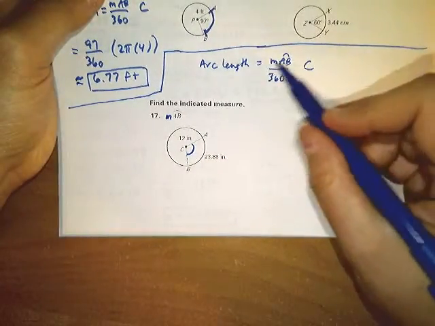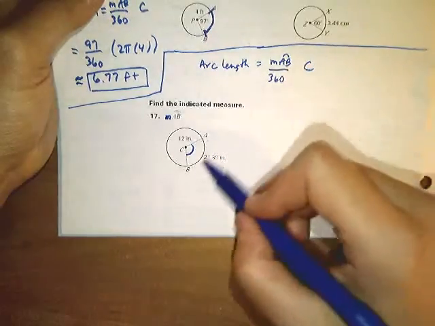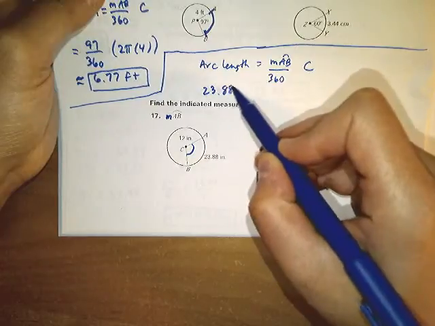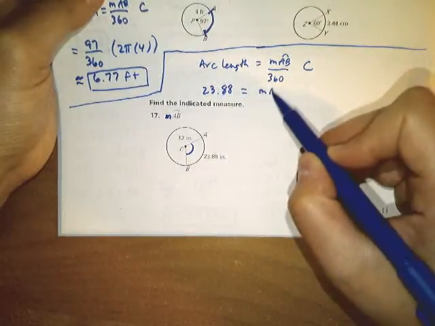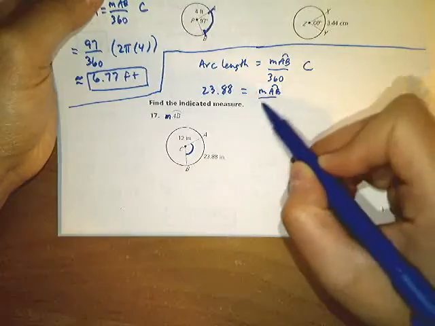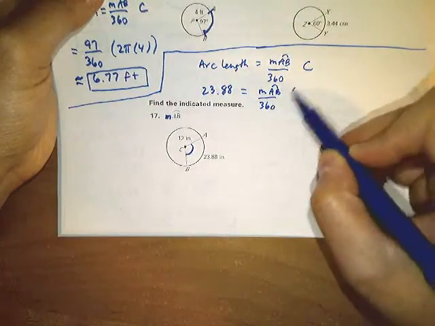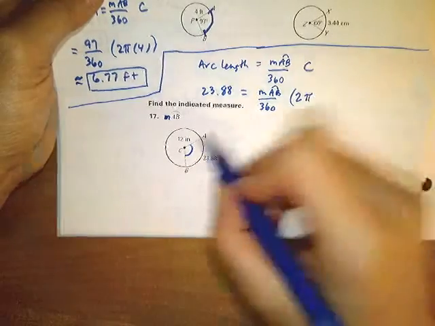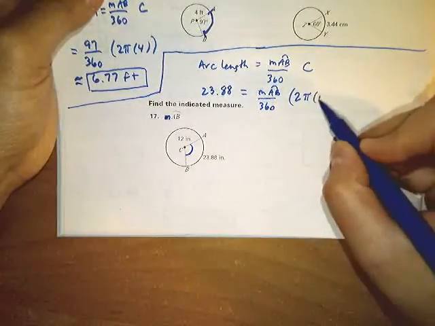So this is what they're asking us to find. We know the arc length is 23.88. We don't know the measure of the arc in degrees, but we can calculate the circumference because that would be 2 pi r, so 2 times pi times the radius, which has been marked as 12.